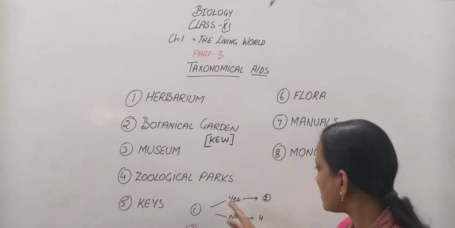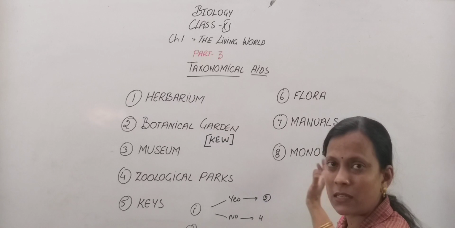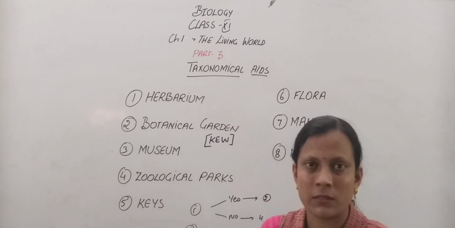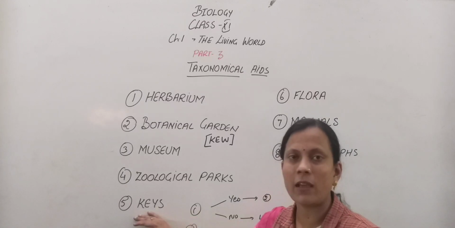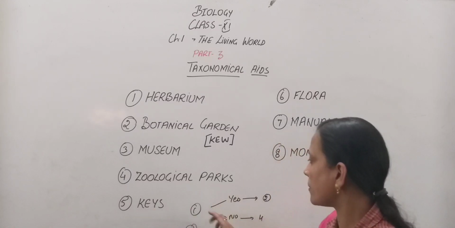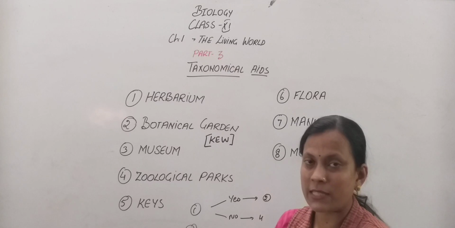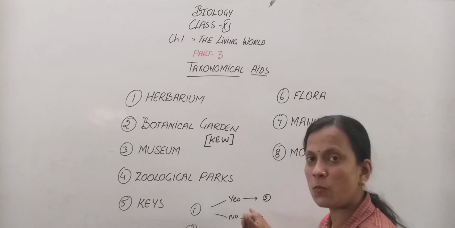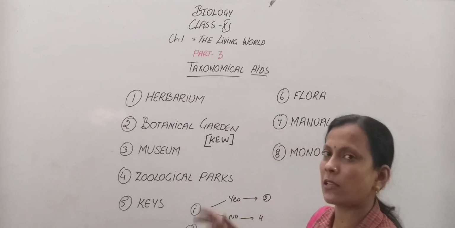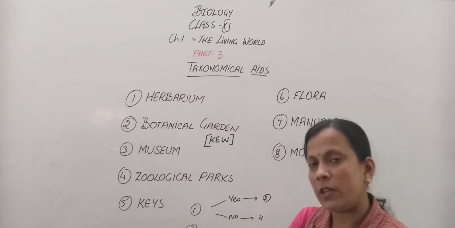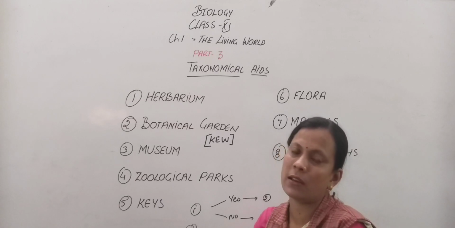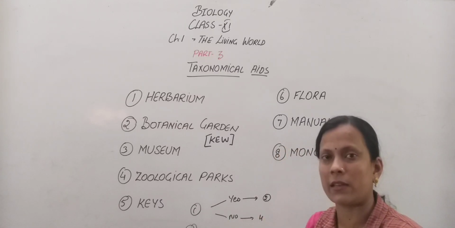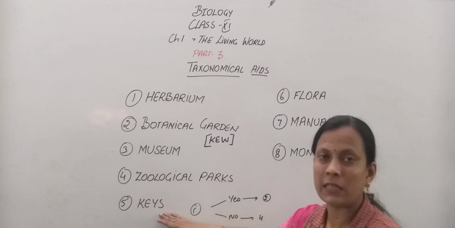This keeps on branching, and ultimately we identify what the animal or plant is. These are dichotomous keys, that is, they have branching. We ask a question, which has either yes or no. If yes, it asks us to move to another point, and if no, to a different point. Following the similar pattern, we reach the last point, and at last we come to know the correct identification of that organism. So this is the purpose of keys.